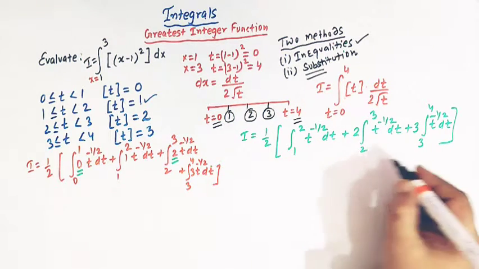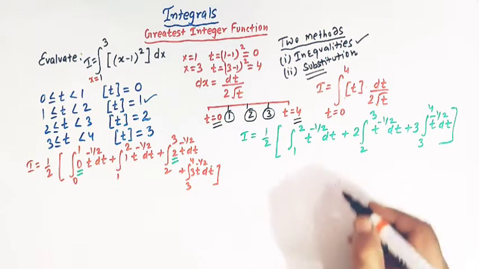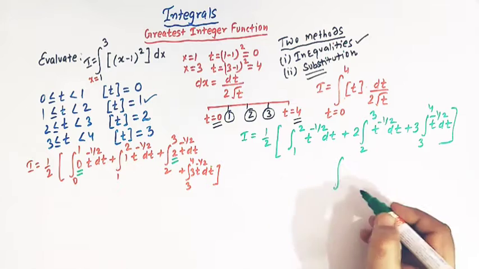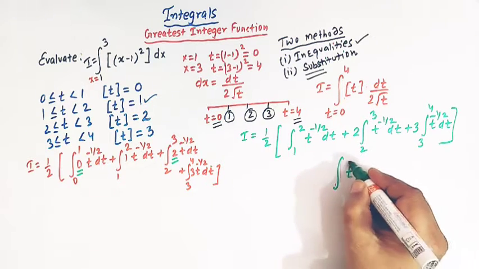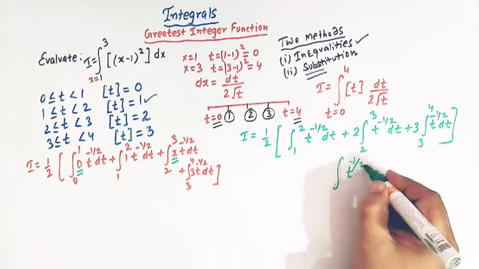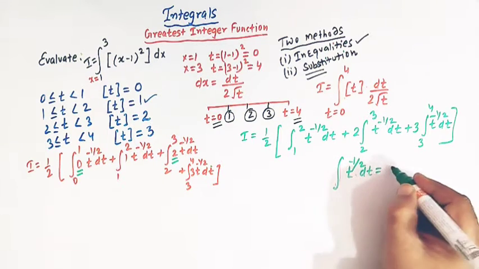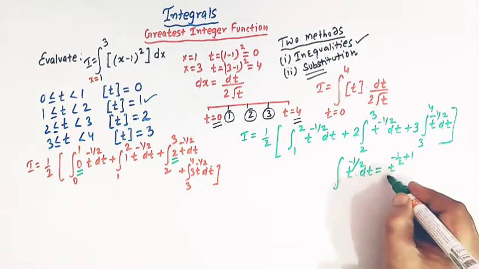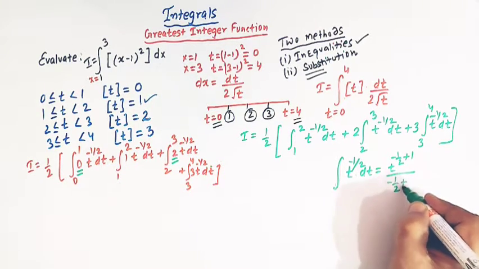Now see, from indefinite integrals, we know that the integral of t raised to minus 1 over 2 dt is given by t raised to minus half plus 1 divided by minus half plus 1.